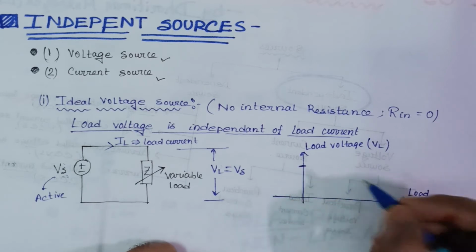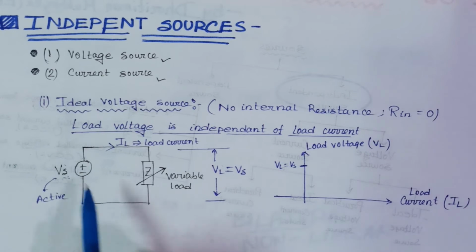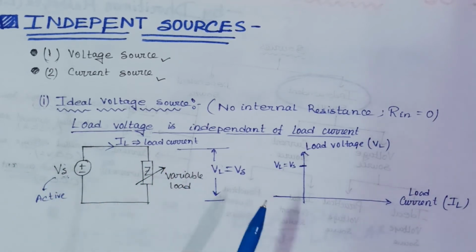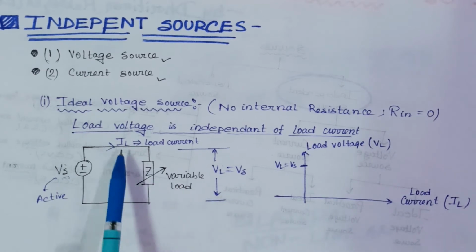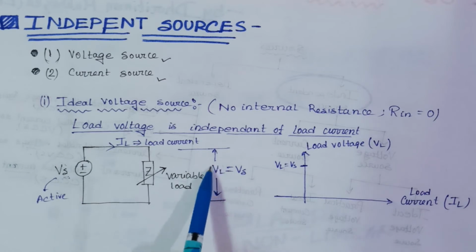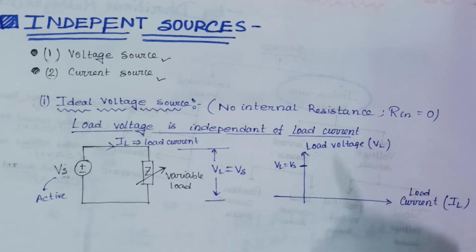So the value of load voltage will be fixed at a point that will be VL equal to Vs. Why? Again I am saying, according to KVL, this whole voltage should be dropped across this load, and if there is no other element, this condition will be true. If VL is equal to Vs, it means the load voltage is also constant, because Vs, this active source, is also constant, there is no variable term.